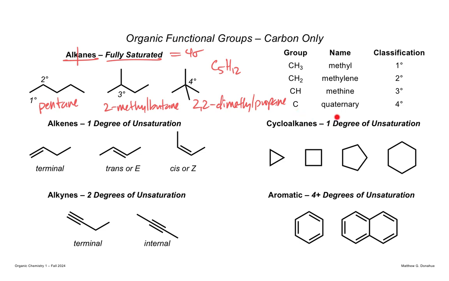Carbon with no hydrogens is called quaternary. And that has the 4. So you're just looking at a carbon, and in terms of the last thing here, counting the total carbons bonded to it. So a primary carbon only has 1 carbon bonded to it. A secondary carbon has 2 carbons, tertiary 3, quaternary 4.